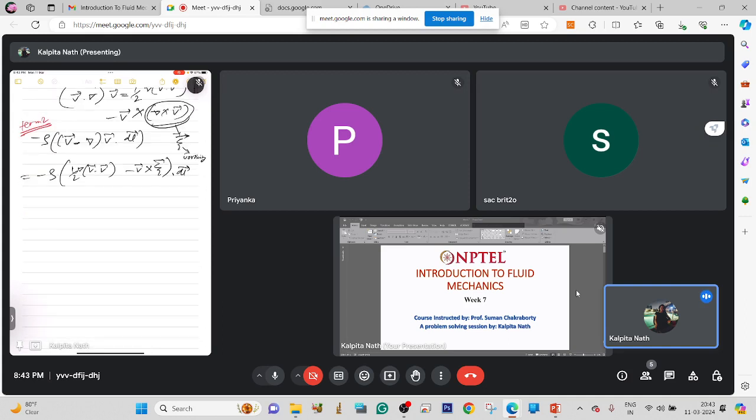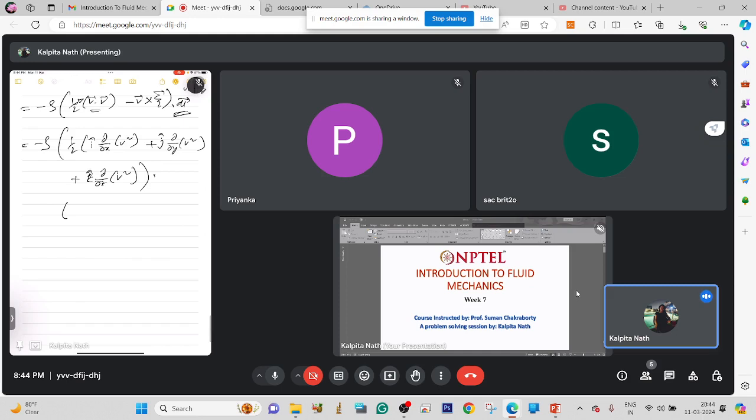So this can be broken up as del rho half of v squared. So this is i cap del x of v square plus j cap del y of v square plus k cap del z of v square. So these are multiplied by this line vector.